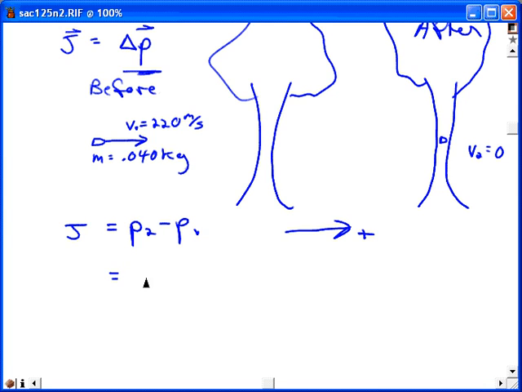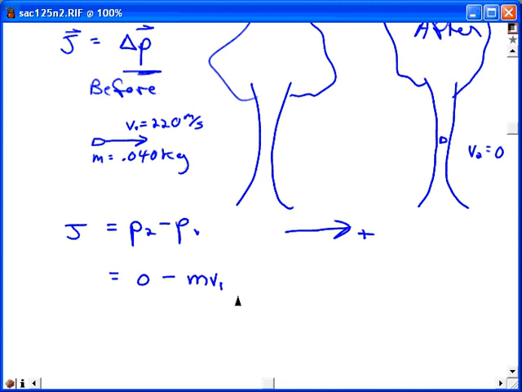And we've got 0. The object is at rest in the after picture. V2 is equal to 0, so the momentum is equal to 0 by inspection. Or you could use 0.040 kilograms times 0 is 0. But at any rate, P2 is 0.